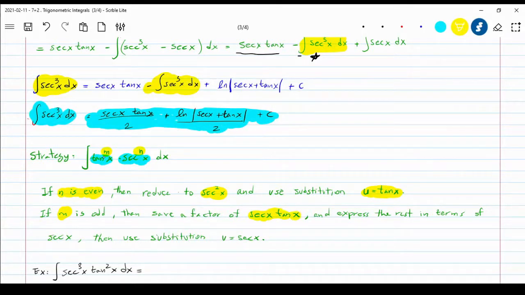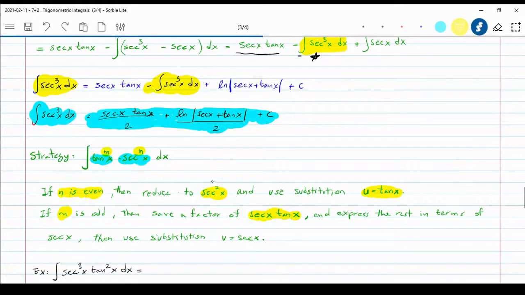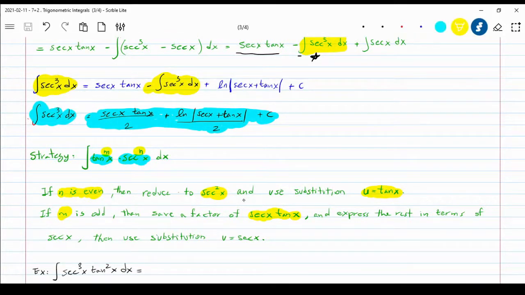In that case the power of the tangent, you've reduced it by 1, you pulled out one of the powers, so the tangent would have an even power. Then you can use the Pythagorean identity and express every tangent in terms of secant, maybe secant squared. Then you use the substitution for secant, because the derivative of secant would be simply secant tangent.